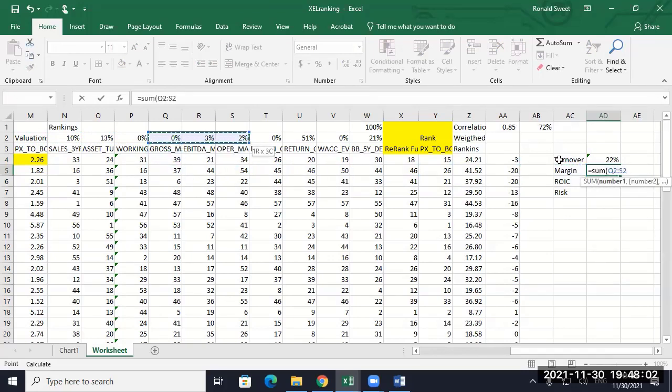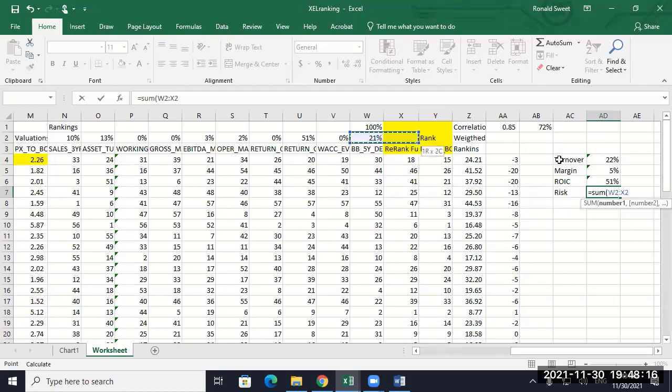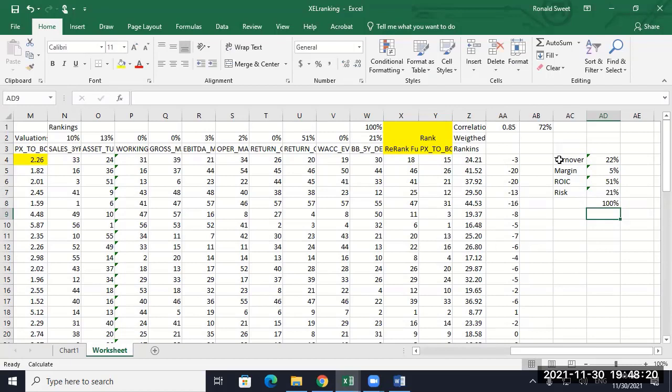Turnover allocated 5%, margin allocated 51%, and then 21%. You'll see this in some of the example papers. And hopefully when you add them all up, it adds up to 100%.